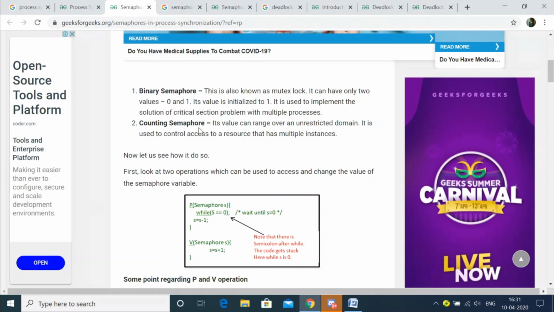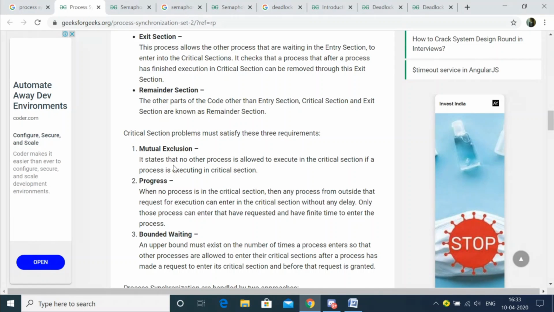But what has happened here is P1 has always taken the opportunity and is making use of the critical section, keeping P2 waiting. This kind of problem we handle using bounded waiting. That means P2 can wait, but only for a specific amount of time. Let's say P2 can wait if P1 has executed two or three times, but there will be a limit.